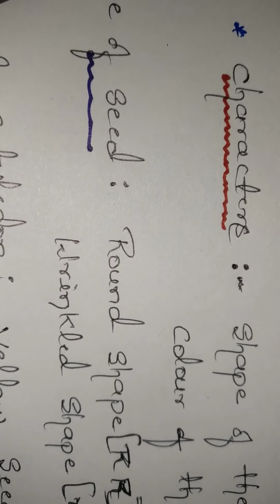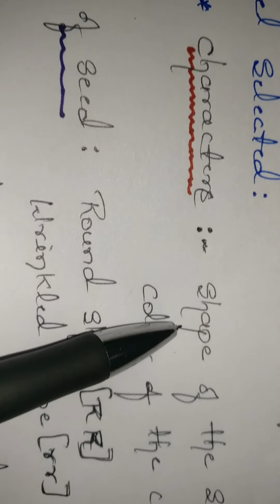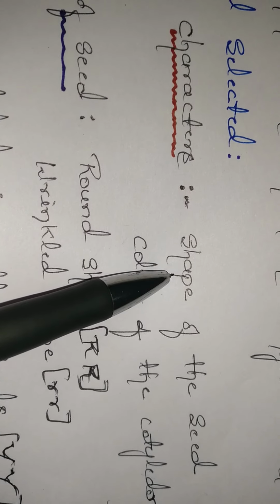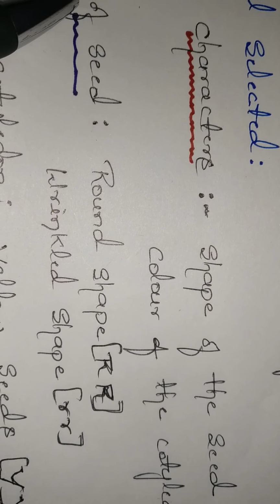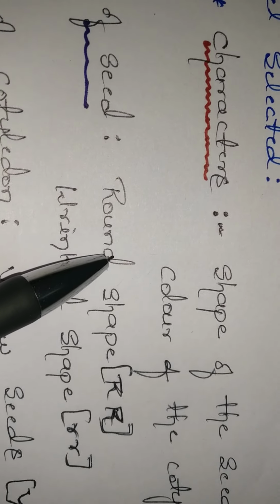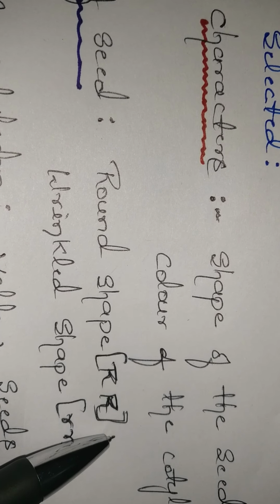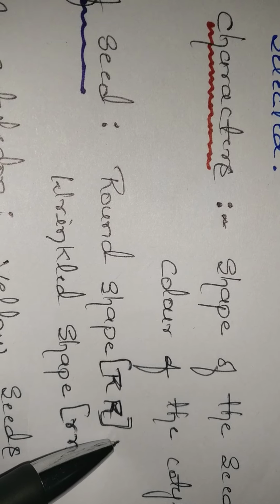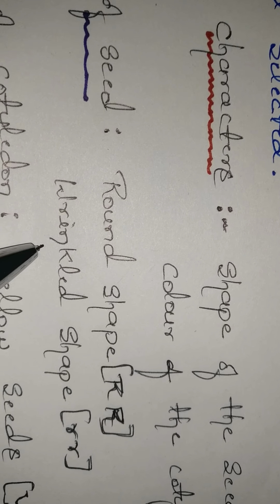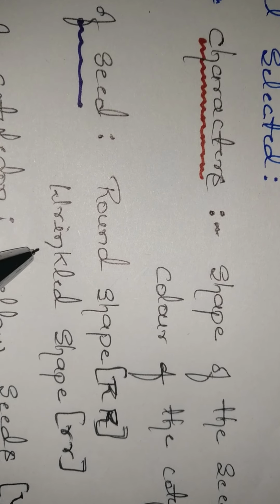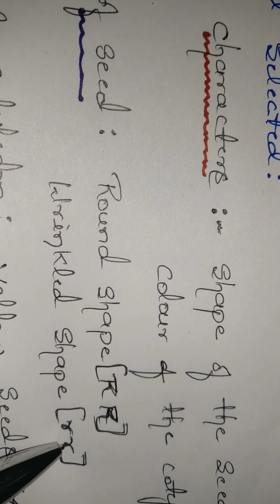Remember well, the first character of the dihybrid cross is the shape of the seeds, which is of two types: round and wrinkled. The round is the dominant character, represented with capital R and capital R. Wrinkled seeds are the recessive characters, so it is small r and small r.